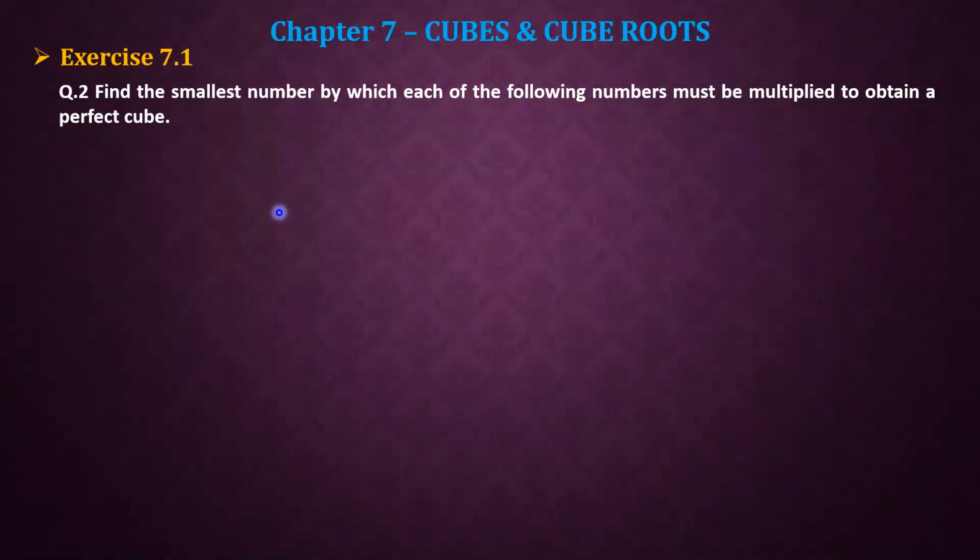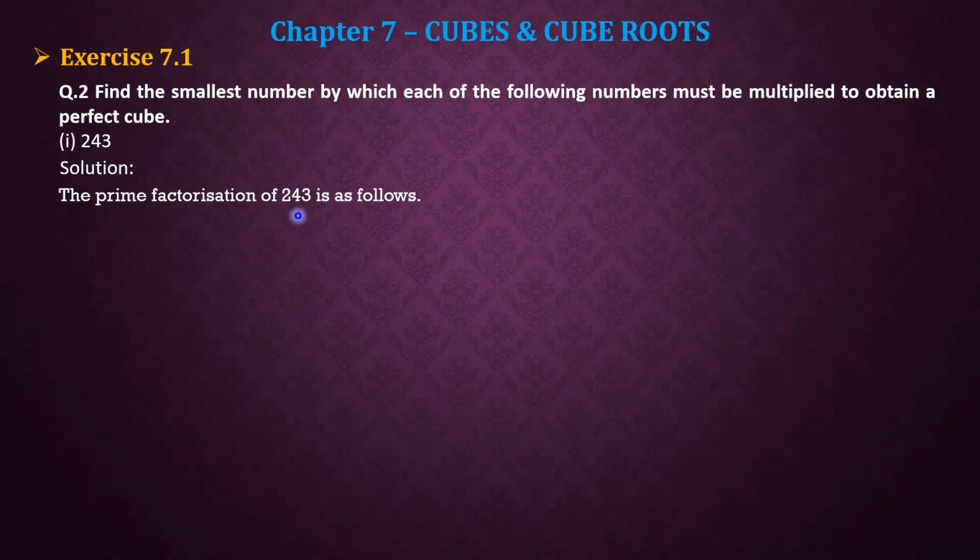Now here we are going to consider an example. The first example is 243. Now we have to find the perfect cube by multiplying by a particular smallest number. For that purpose, the first step in our solution is to consider the prime factorization of the given number, and that given number is 243.